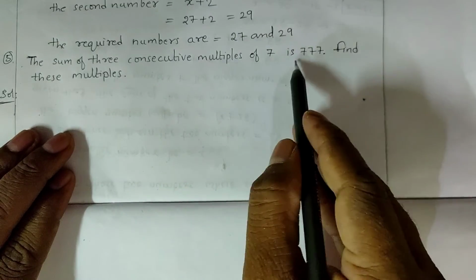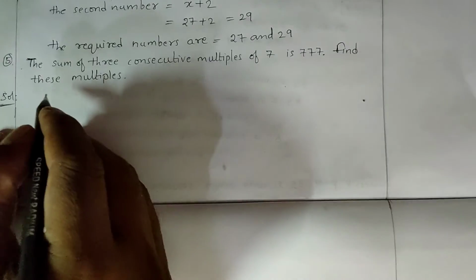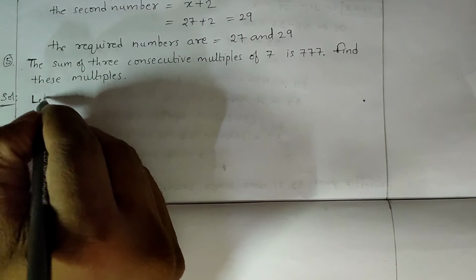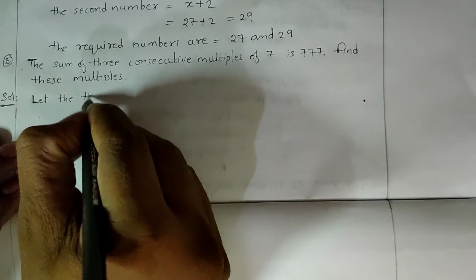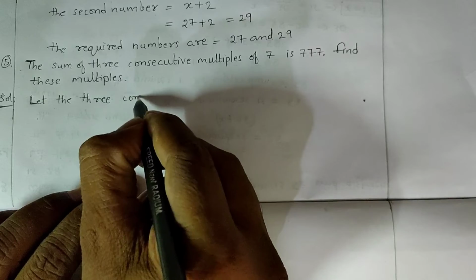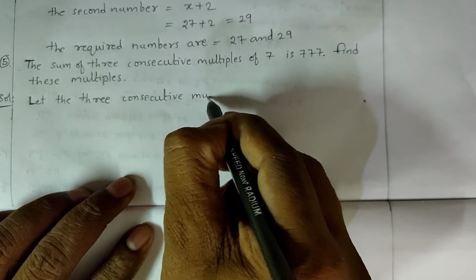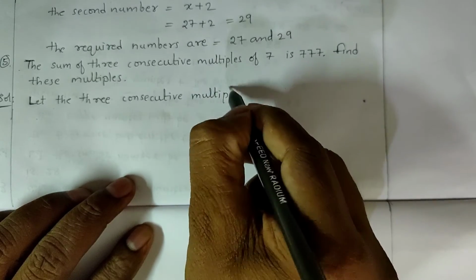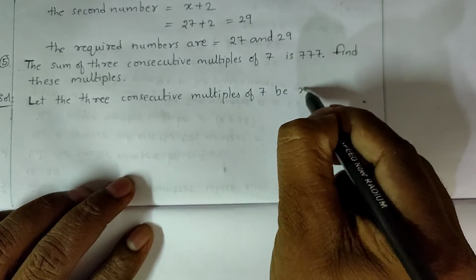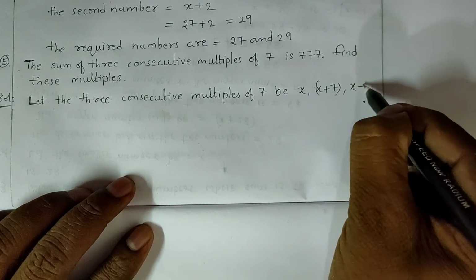The sum of three consecutive multiples of 7 is 777. Find these multiples. Okay, so since they are multiples of 7, let the three consecutive multiples of 7 be x, x plus 7 and x plus 14.